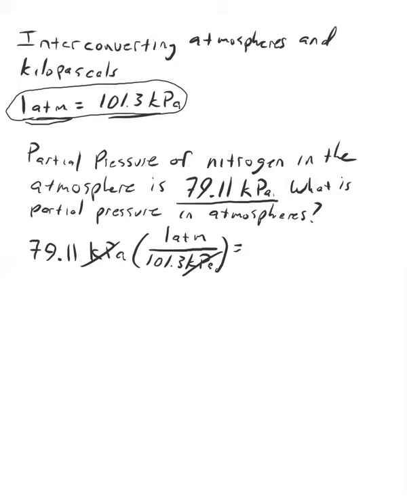Actually, let's just go ahead and use this one right here. So 79.11 divided by 101.3, looks like it's 0.7809 atmosphere. That sounds about right.